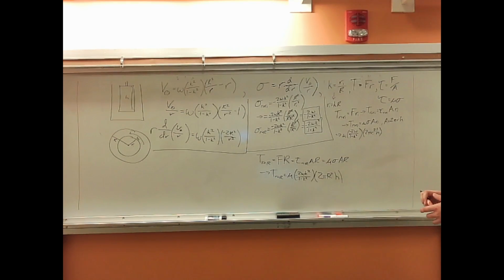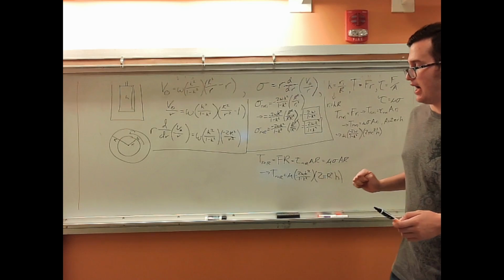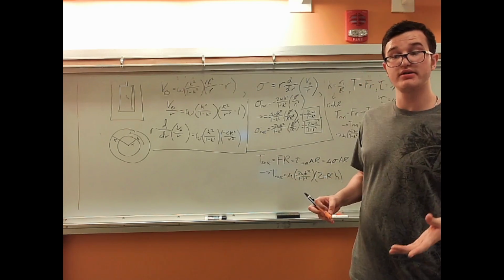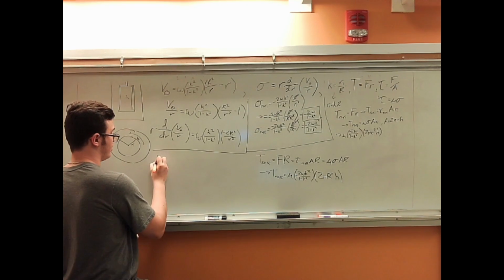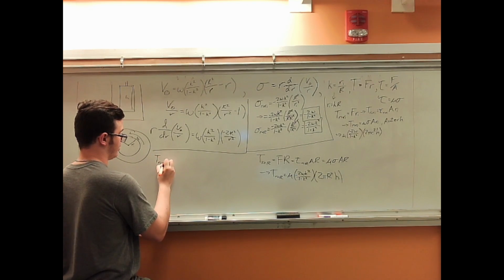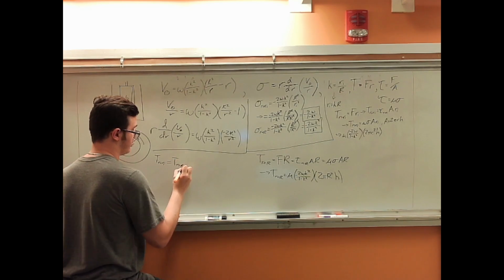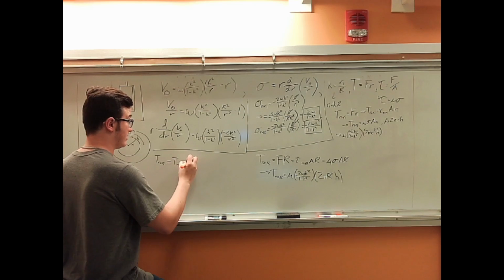Now, to finish things off, I'm going to take it and write it over here by our pictures. We want to prove that the two torques are equivalent. So torque at the inner radius is equal to torque at the outer radius.